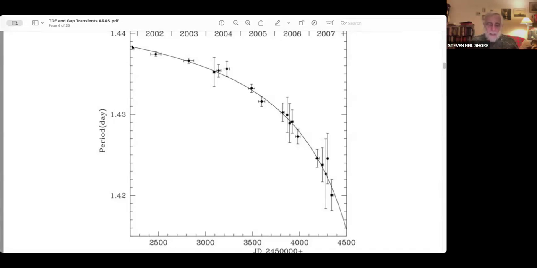It's an O minus C diagram, observed minus calculated, where you look at the change in the phasing of the orbital period from one cycle to another. From that, you can infer that there's been a change in the orbital period, which is usually of order minutes. This wasn't.